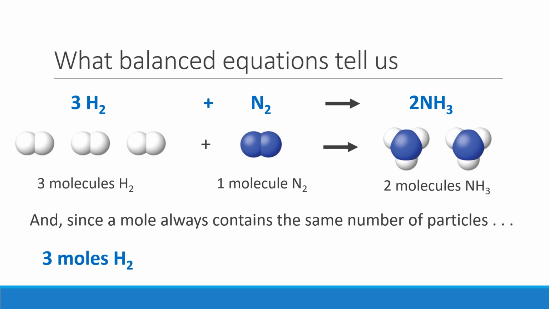That would just mean that I would require 3 moles of H2 to react with 1 mole of N2, and that would produce 2 moles of NH3. So essentially what we're saying here is that the coefficients in the balanced equation can be interpreted in terms of particles or in terms of moles. Both of those things will be proportional because when you have a mole, it always equals the same number of particles.